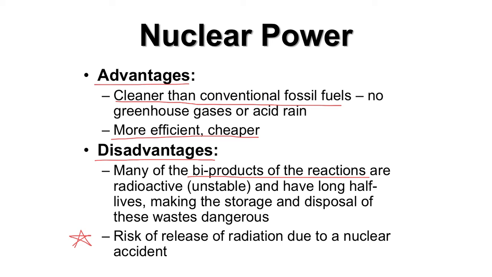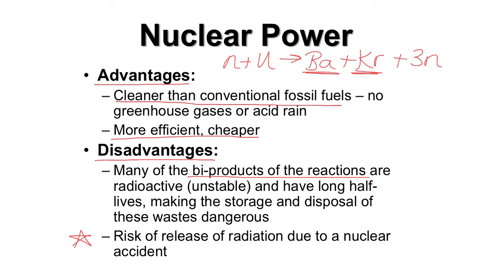So we have fission happening. So a neutron plus uranium makes two midweight nuclei, such as barium and krypton, and additional neutrons. So these that are produced are themselves radioactive. So that's a problem.